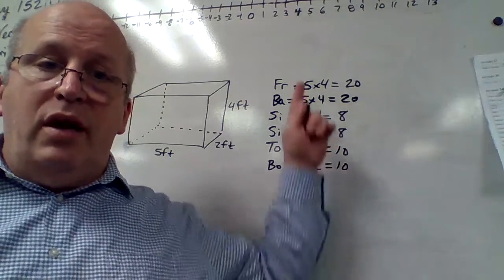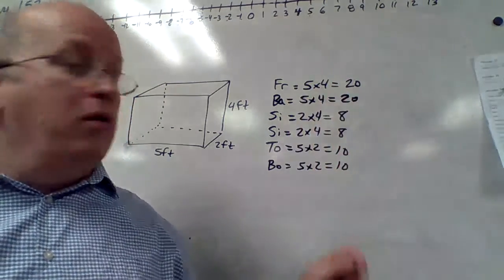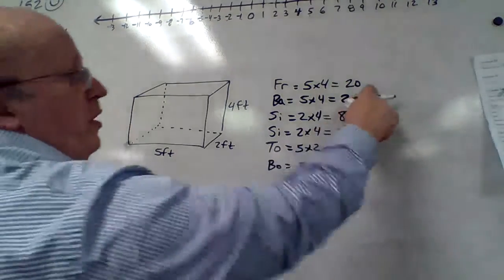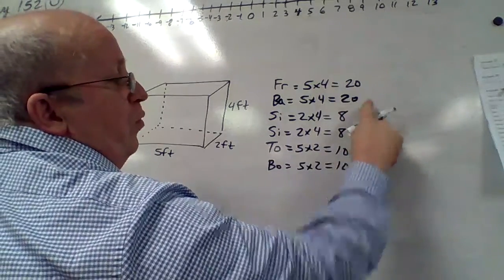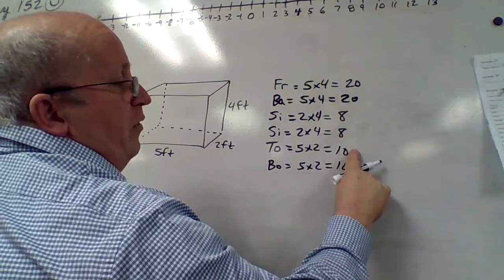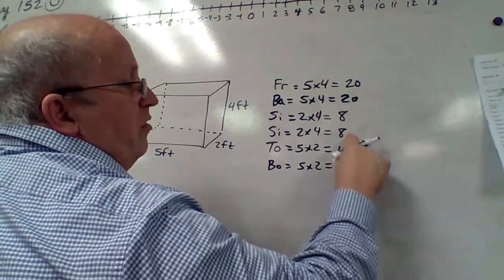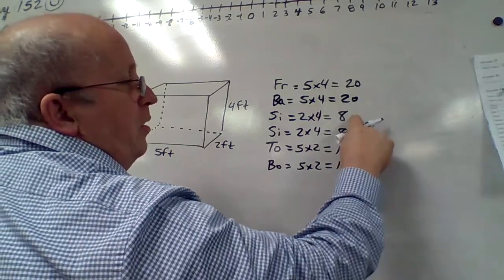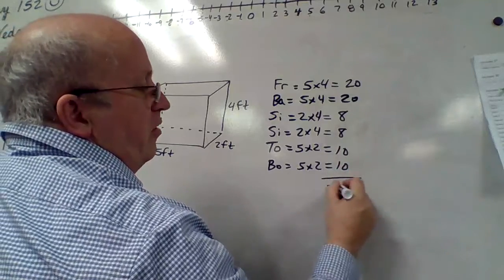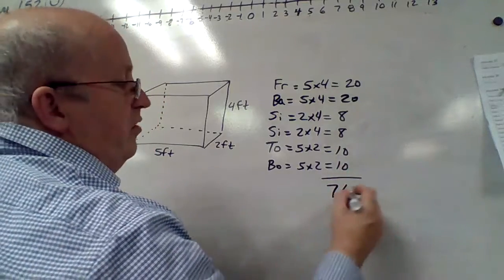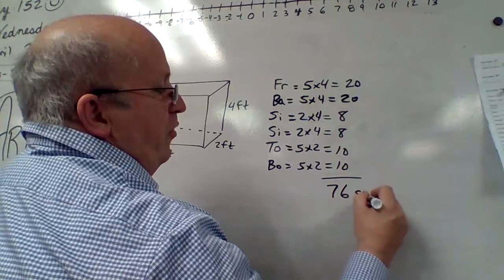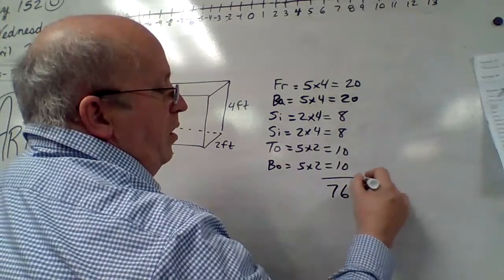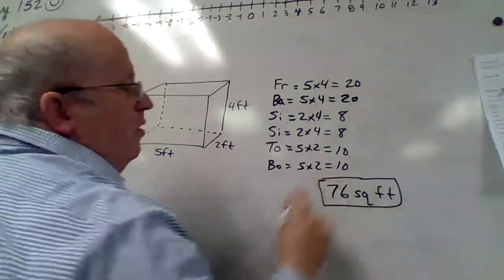Now all we got to do is add up all of these numbers right over here. 20 plus 20 is 40. 40 plus 10 is 50. 50 plus 10 more is 60. 60 plus 8 is 68. Plus 8 more is 76. I get a total of 76. And since it's surface area, we're going to talk about it as being square feet.